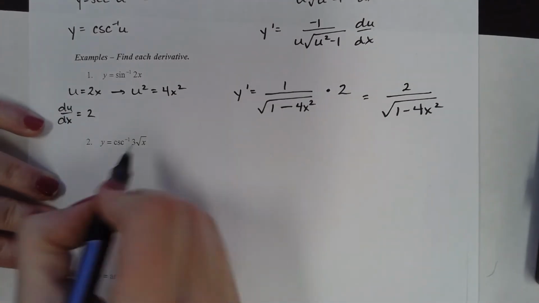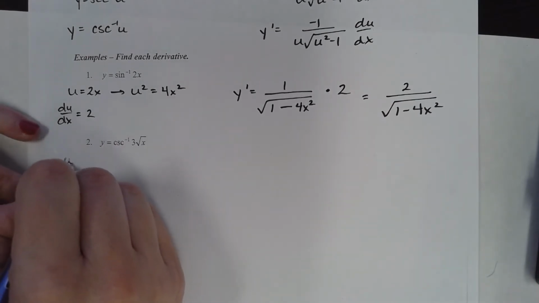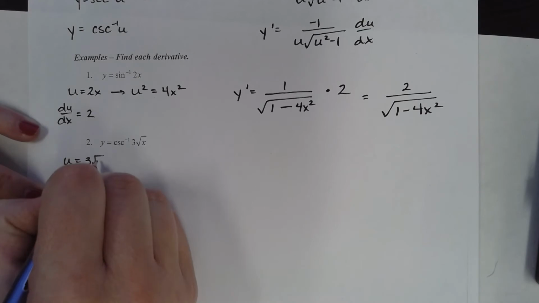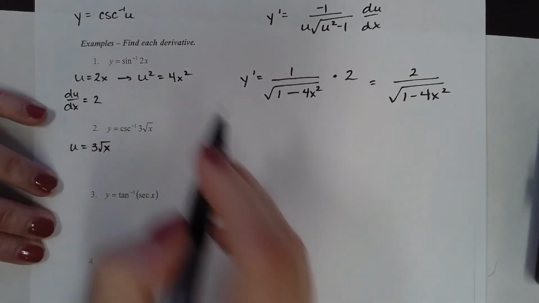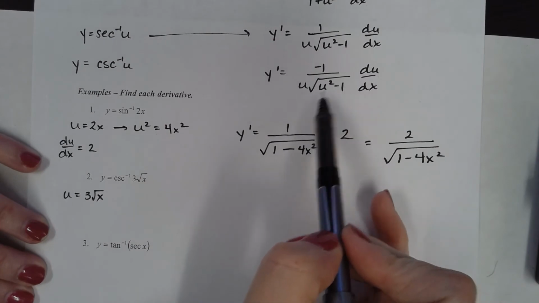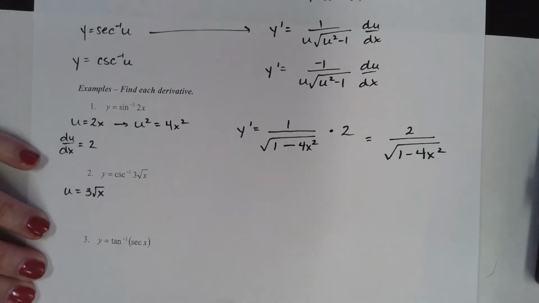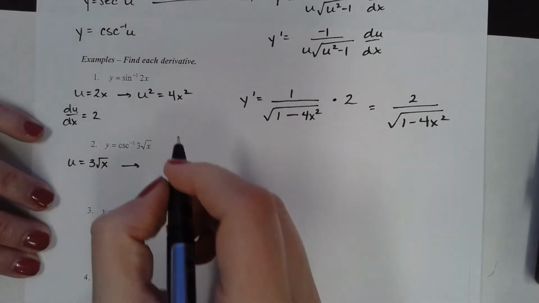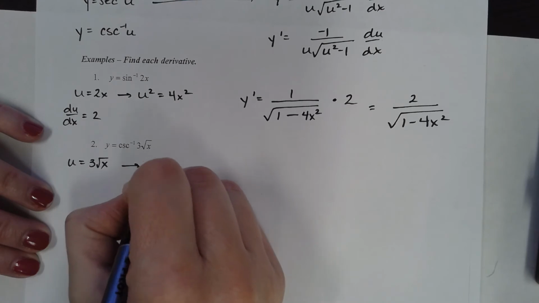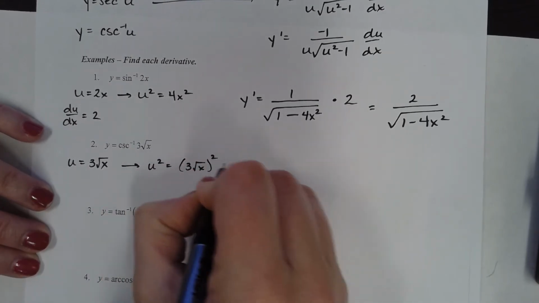So if you look at the next one, inverse cosecant of all of this. That means that u is 3 radical x. Okay. Well, if you look at cosecant, I need the value of u, and I need u squared. So I'm going to take this right here. u squared, 3 radical x squared.